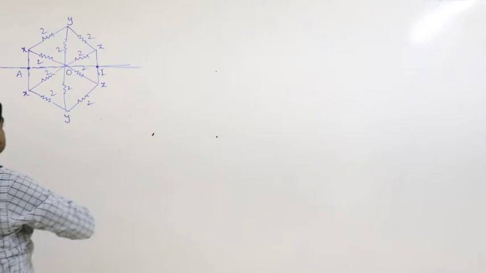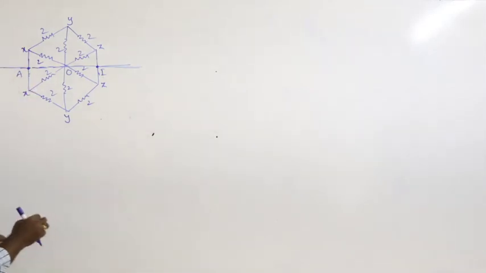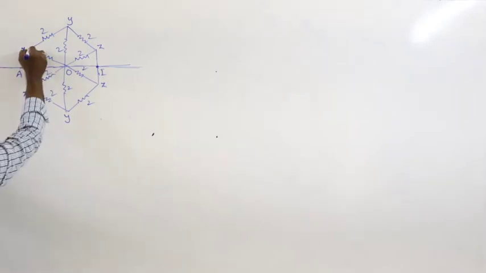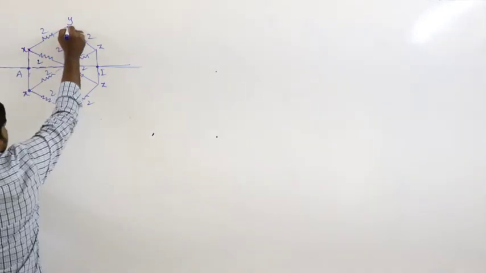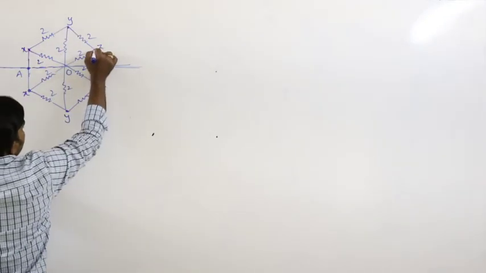In this, the potentials above and below must be the same. So, here I am considering it is X, here also it is X, Y is also Y, and Z is also Z.